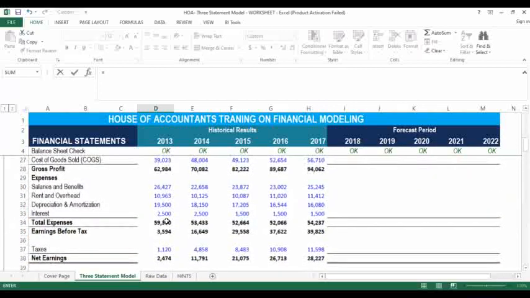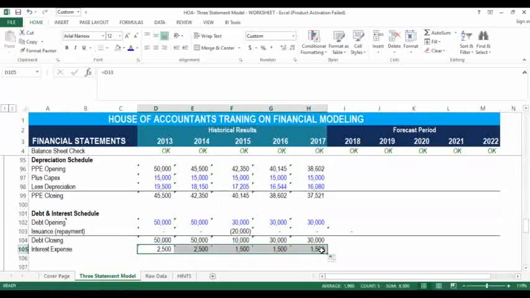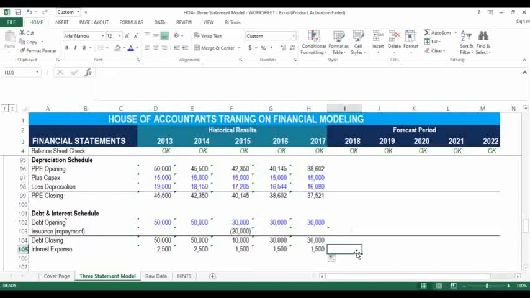So interest expense will be this. I believe we are still following. We have this interest expense, and that is all we have to do with our schedule. There's nothing more than that in our schedule, which we have just finished. So any other question before we continue with the next step?